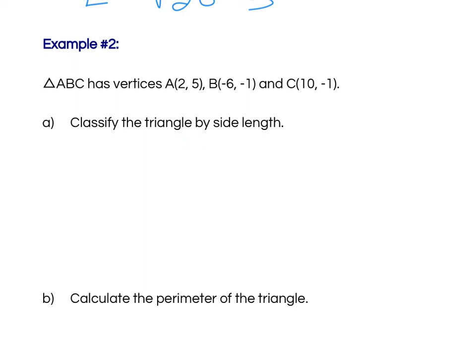We know that the triangle is going to be one of three different answers if we're classifying based on side length, right? So here are the possibilities. Let me write that out for you. If we have a triangle with all three sides the same, what do we call that? We call that an equilateral triangle.